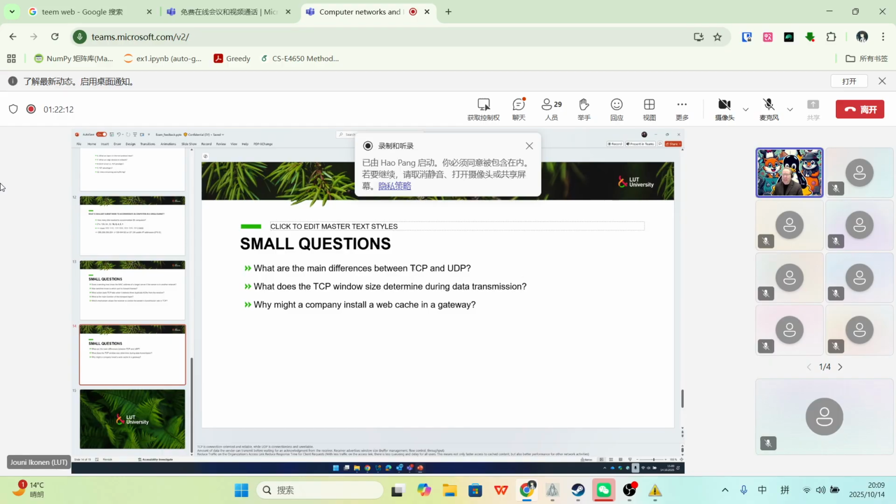Okay. I assume that all of you know the difference between TCP and UDP. UDP is junk mail. We are sending it out. We just write there that this is going to this address and this port, and that's it. We don't care if it's received or not. TCP brings reliability. We have acknowledgements, we have timers.